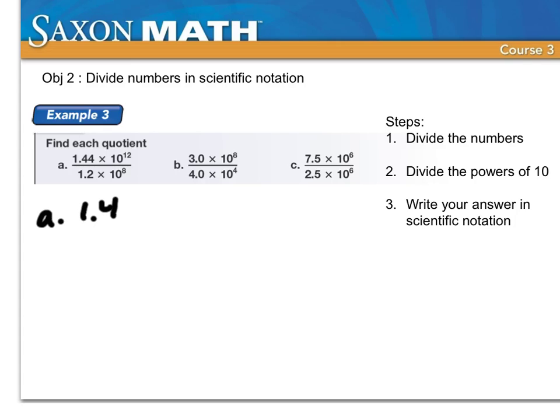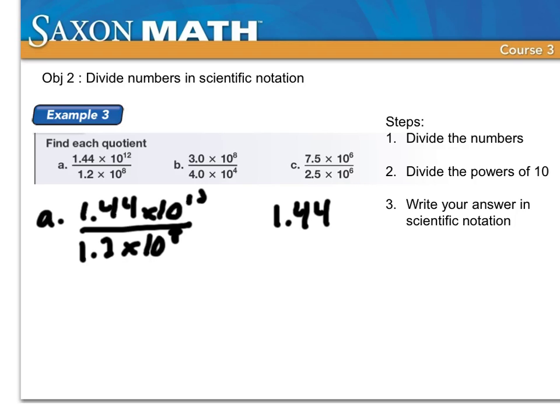We're going to have 1.44 times 10 to the 12th divided by 1.2 times 10 to the 8th. We're going to start by dividing the numbers. So I'm going to take 1.44 divided by 1.2. Okay, and we'll have to move the decimal over one time for each one of these.